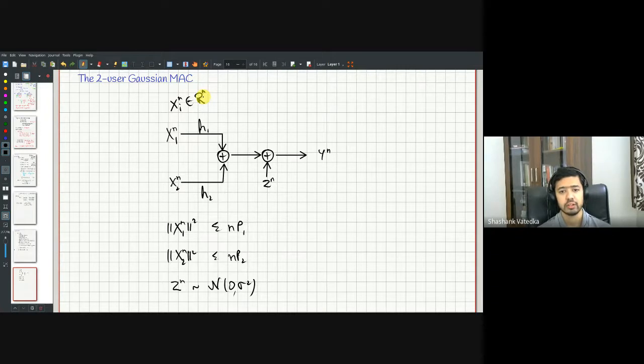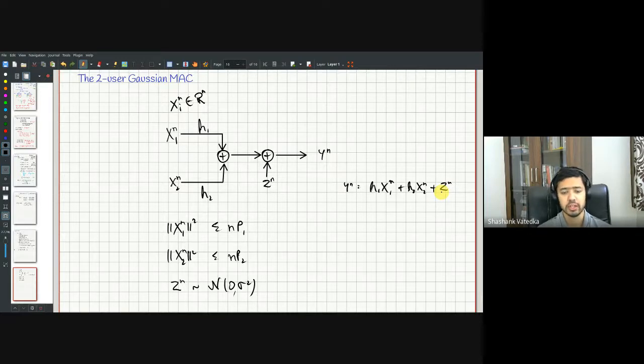All right, and the output of the channel Y^n is equal to h1 X1^n plus h2 X2^n plus Z^n, where h1 and h2 are some real constants. You can think of these as attenuation coefficients, and these are assumed to be known by all.